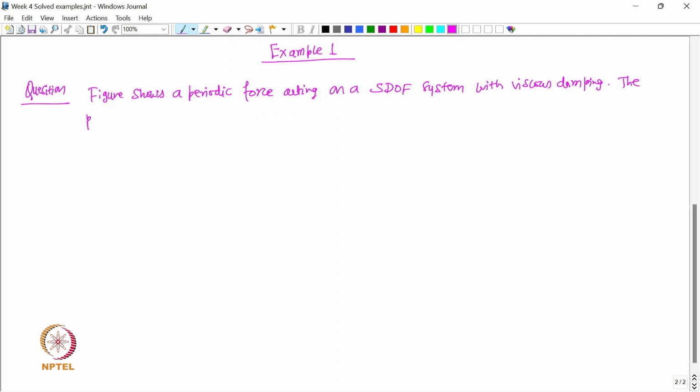The parameters of the system are: mass is given as 2 kg, then K is given as 493 Newton per meter, and C, the viscous damping coefficient, is given as 5.65 Newton second per meter.